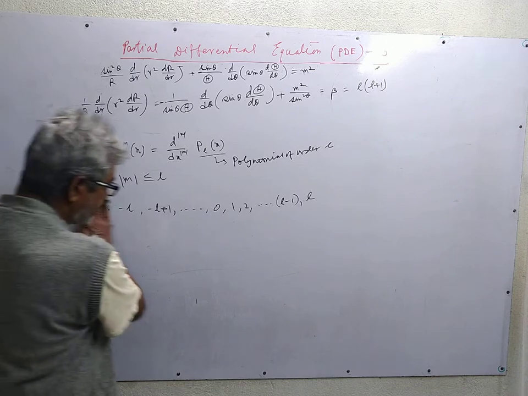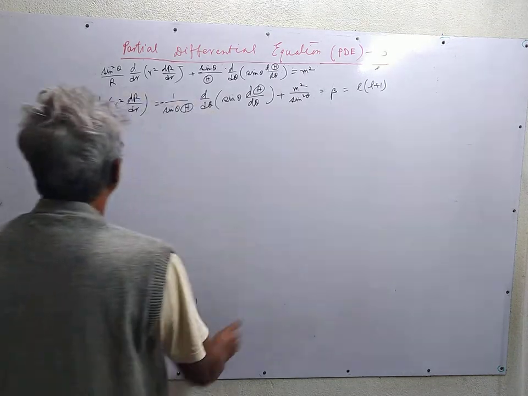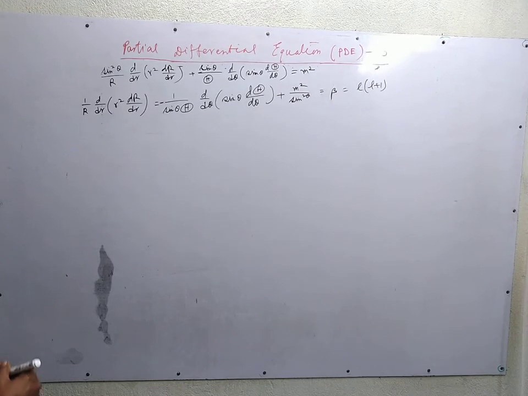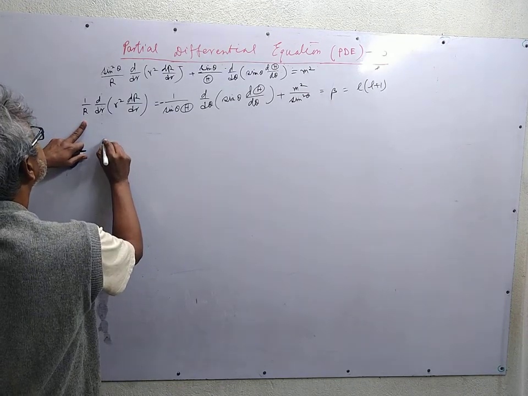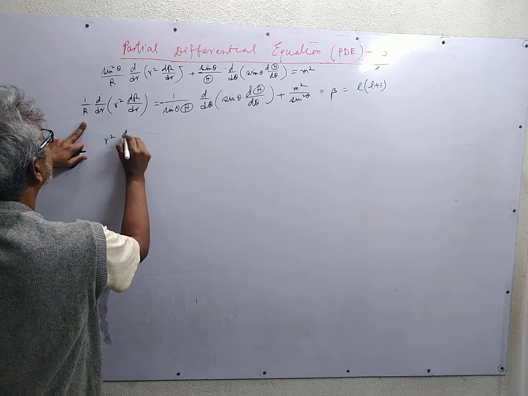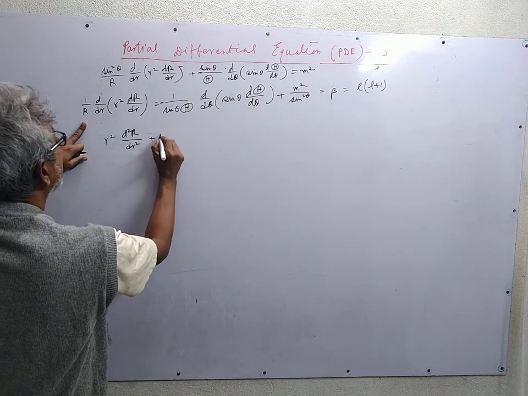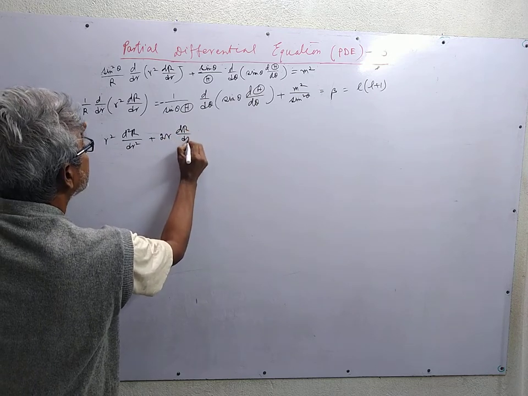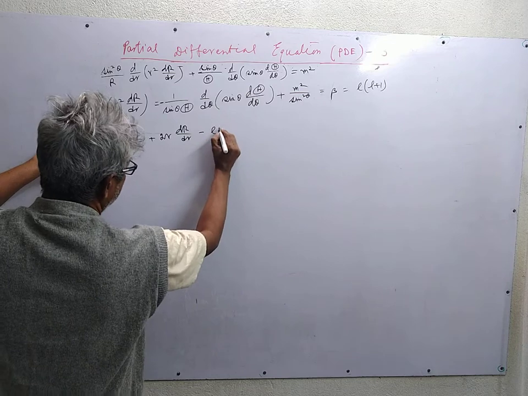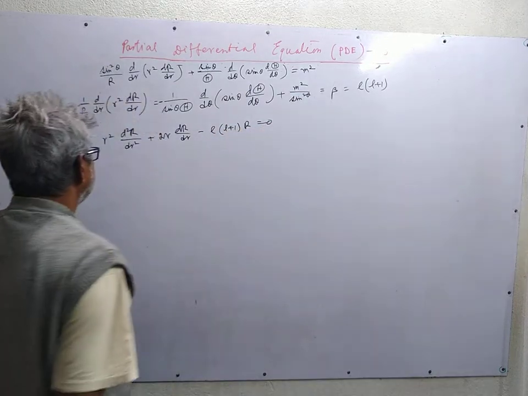Now we are left with the R equation. The R equation has yet to be solved. So the R equation is this: r squared d2R/dr2 plus 2r dR/dr minus L into L plus 1 R is equal to 0.